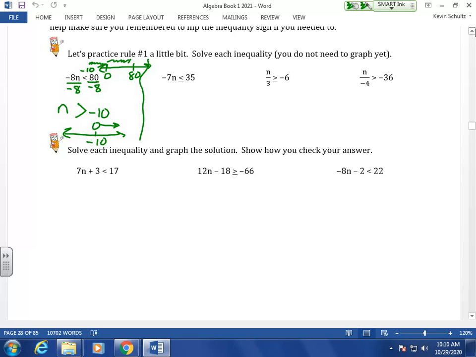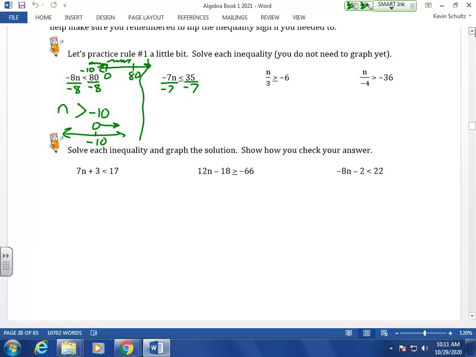So do we need to change our inequality sign in the second one? -7n is less than or equal to 35. In the process of solving this, are we going to be multiplying or dividing by a negative number that's going to cause that solution side to switch? We are. To solve this using opposite operations, since we're multiplying n by negative 7, to undo that, we're going to be dividing by negative 7.